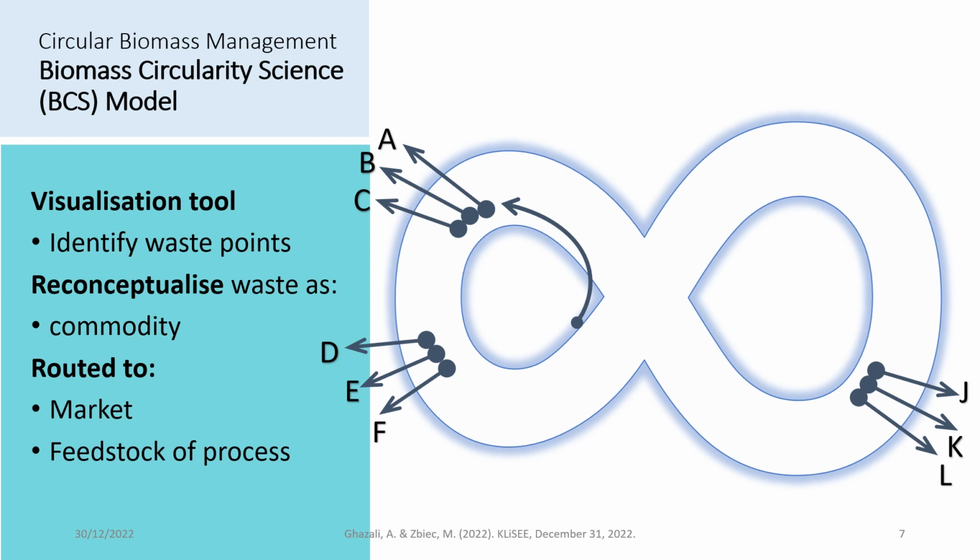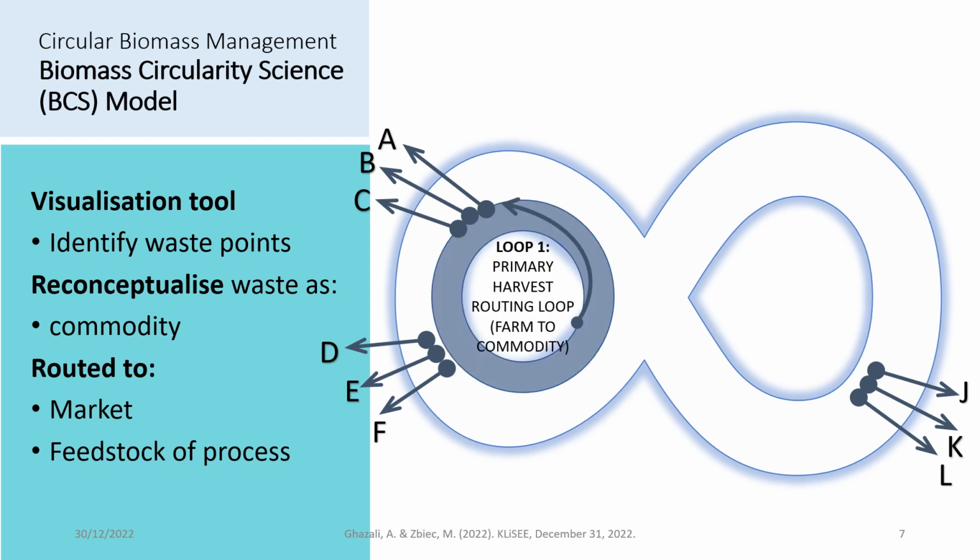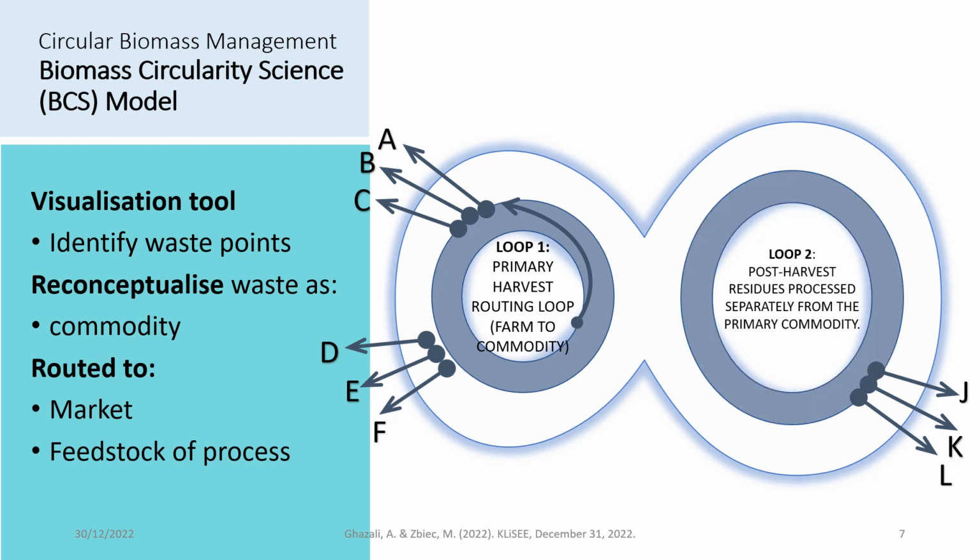Primary harvest loop 1 refers to the plantation waste routed to the left loop as they are the byproducts of the primary harvest, while ABC are the direct derivative of the primary harvest. DEF are the products made from the primary derivatives.